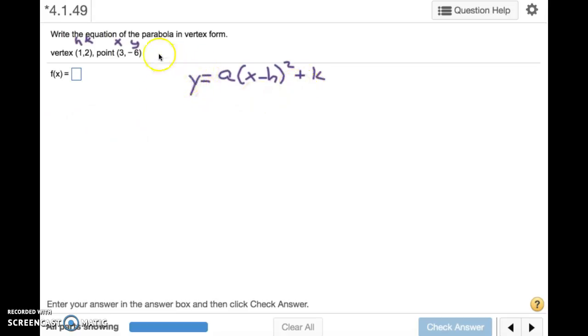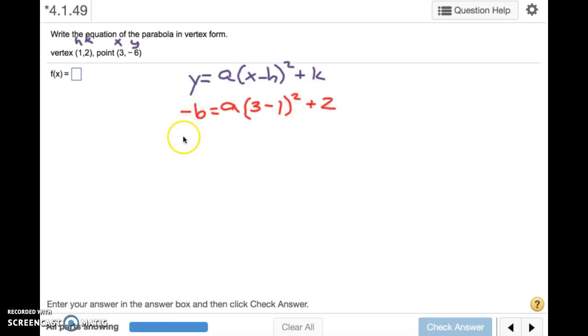So the y has a value of -6. The a, I don't know about that one yet, so I'm just going to leave it as an a. The x has a value of 3 minus my h, which is 1. Close the parentheses and square that, plus the k, which in this example is 2.